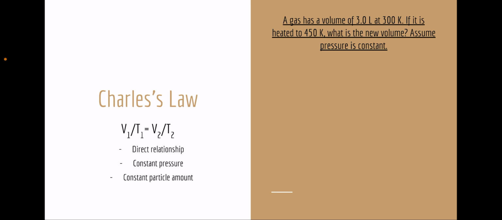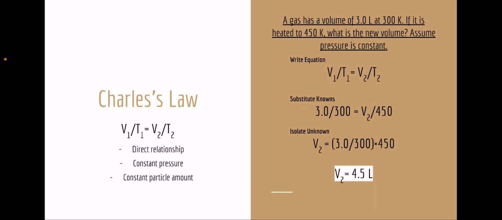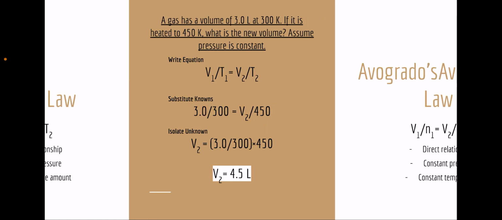Because the temperature is increased via the heating, then we expect the volume to increase more than 3 liters, the initial volume. So, as in the previous example, we write the equation, we substitute what is known, which is given in the problem, isolate the unknown, and reach our final volume, which is, as expected, more than the initial volume, because with the increase in temperature, we predicted that the volume would also increase.